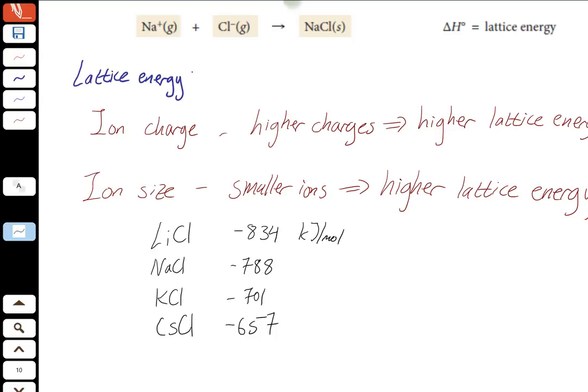So we can see the magnitude of the lattice energies going down as the ions get bigger. And they show that pictorially in the book here. You can see as the ions get bigger, there is more space relative between the charges, and so you have a less strong attraction.